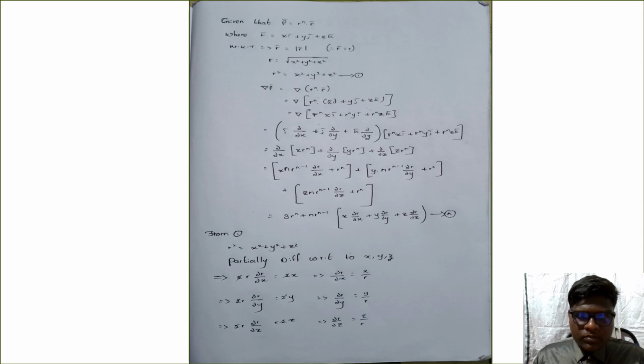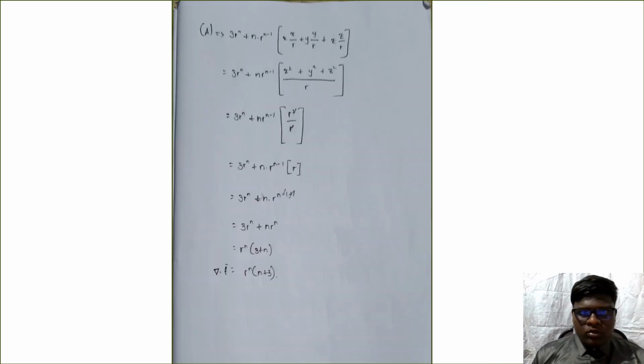Similarly with respect to y, we get 2r into dou r by dou y equal to 2y; the 2 cancels, and we get dou r by dou y equal to y by r. With respect to z, 2r into dou r by dou z equal to 2z; the 2 cancels, and we get dou r by dou z is equal to z by r.